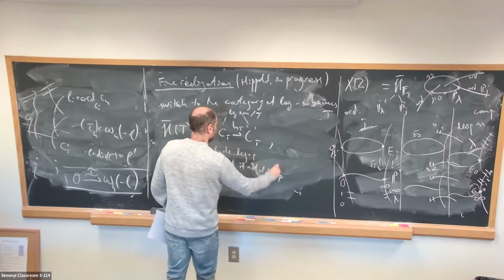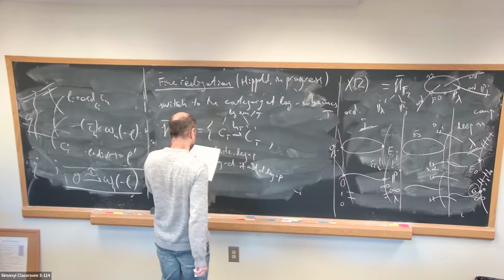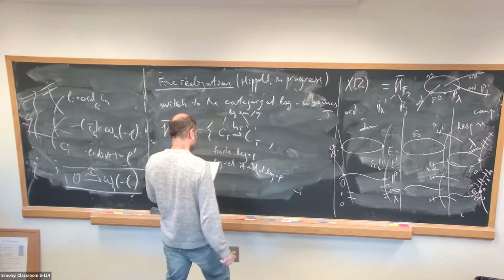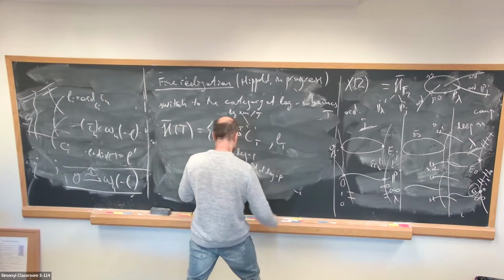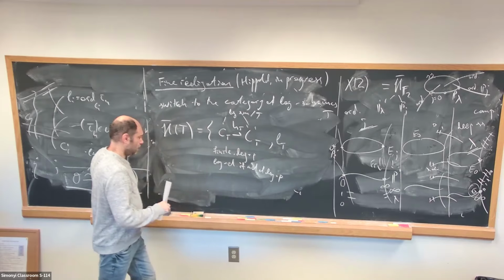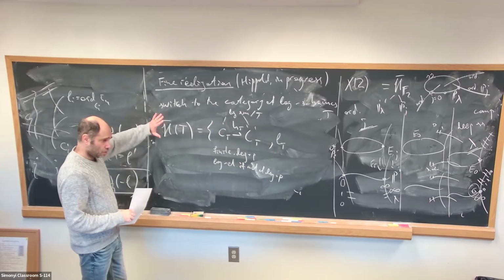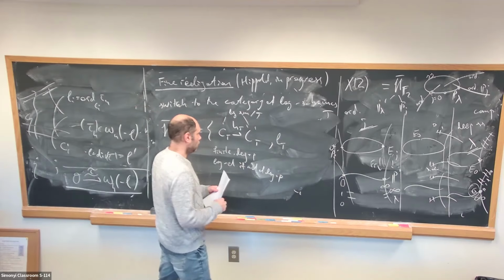But there are two pieces of extra datum. There is LT, the analog of the vanishing order of what I want.